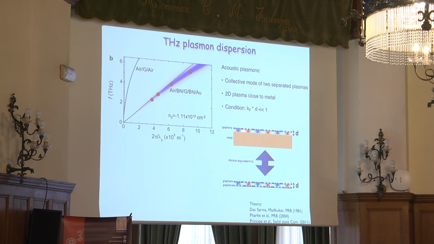And then you get basically screening of the plasmon by the metal. You can see this as a mirror image. So you can actually see it as 2 layers of graphene, where the excitation has exactly the opposite polarity. And this is called a screened plasmon, and this leads to a linear plasmon dispersion, also called acoustic plasmon.